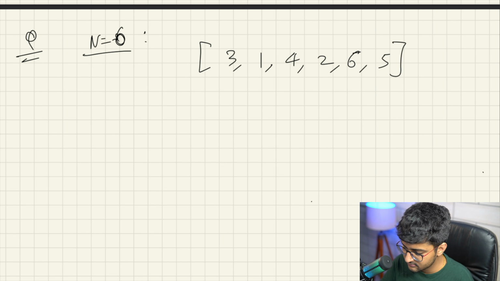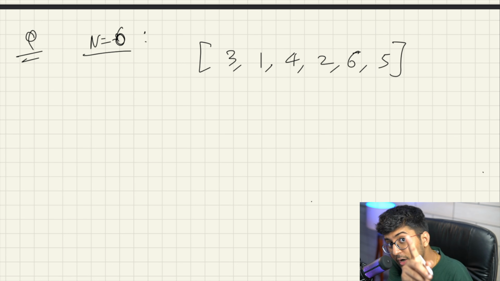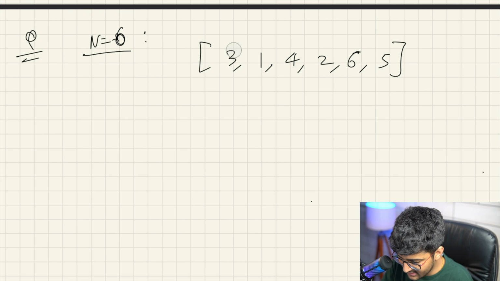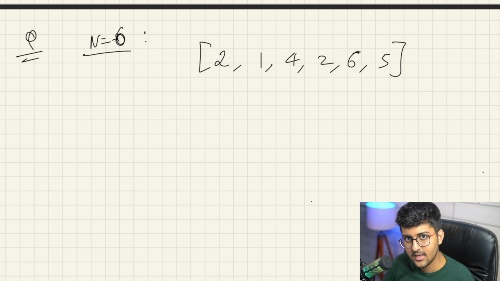Let's say 2 is getting repeated. If I want to repeat 2, I have to remove one number because the size of the array should be the same. Let's say I remove the number 3. Okay, that makes sense. This is the question.